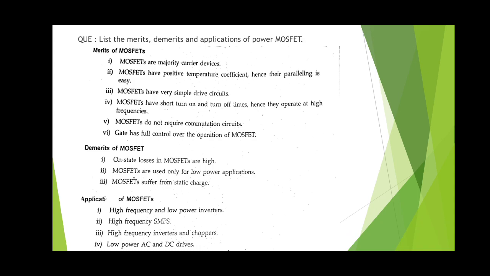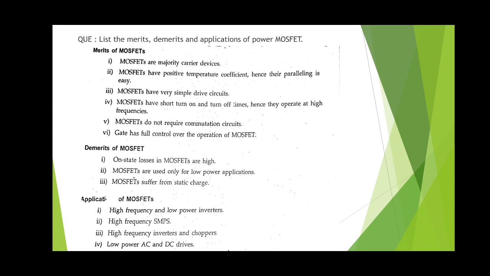Then the different applications of MOSFETs are that these are used for high frequency and low power inverters. These are used for high frequency SMPS, that is switched mode power supply. MOSFETs are also used for high frequency inverters and choppers.